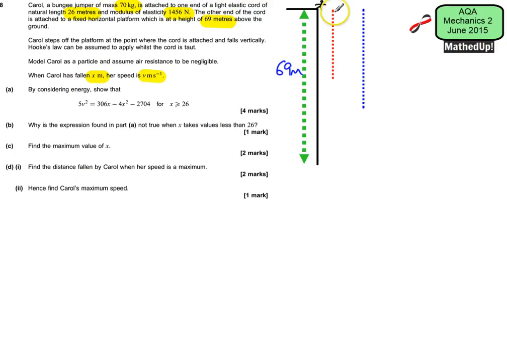This distance here is 26 meters, and this distance is how far she is from the ground, which is 69 take away 26, so 43 meters.